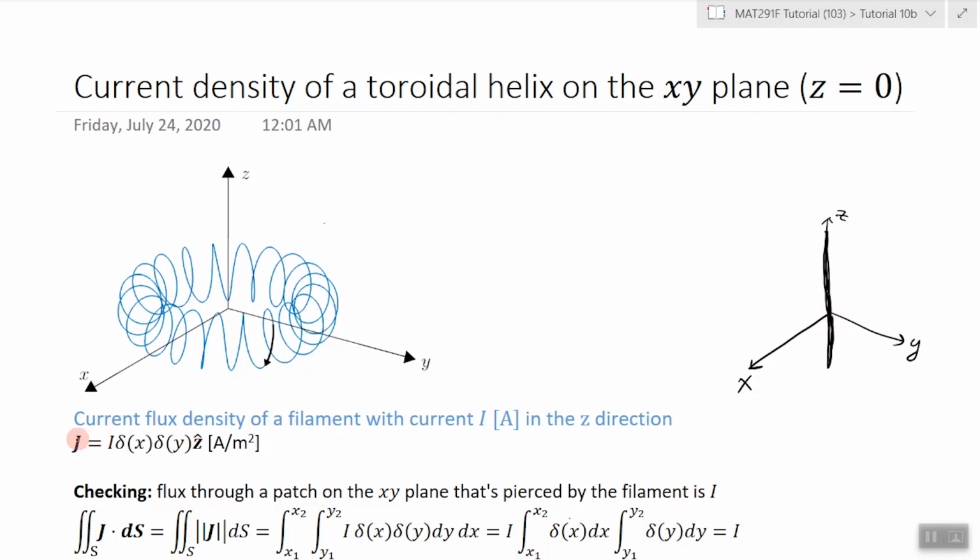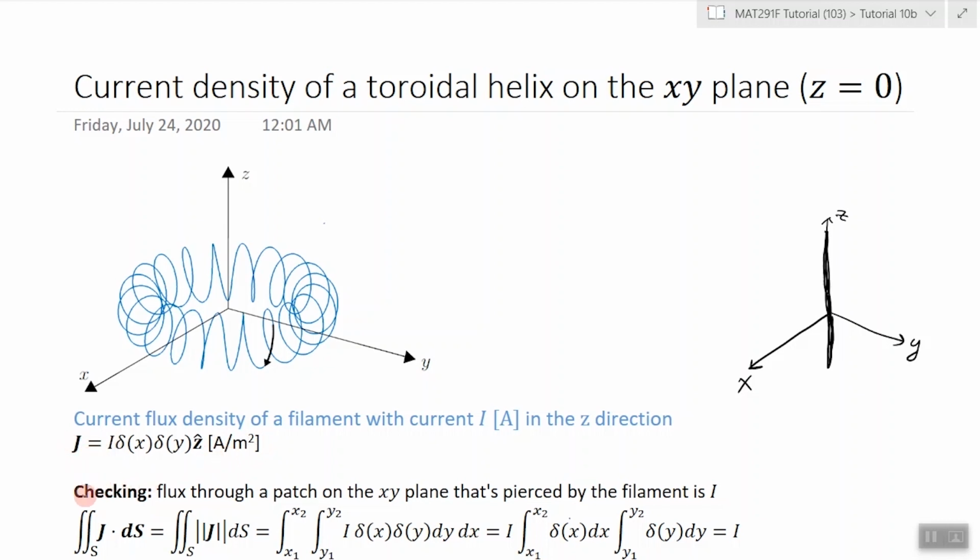The expression of the current density will look like this. It would involve two delta functions to make it a filament. You see the peaks happen at x equals 0 and y equals 0, exactly where we want the current density to be non-zero. And there is this scaling factor of I. The units of current flux density are always amps per meter squared.